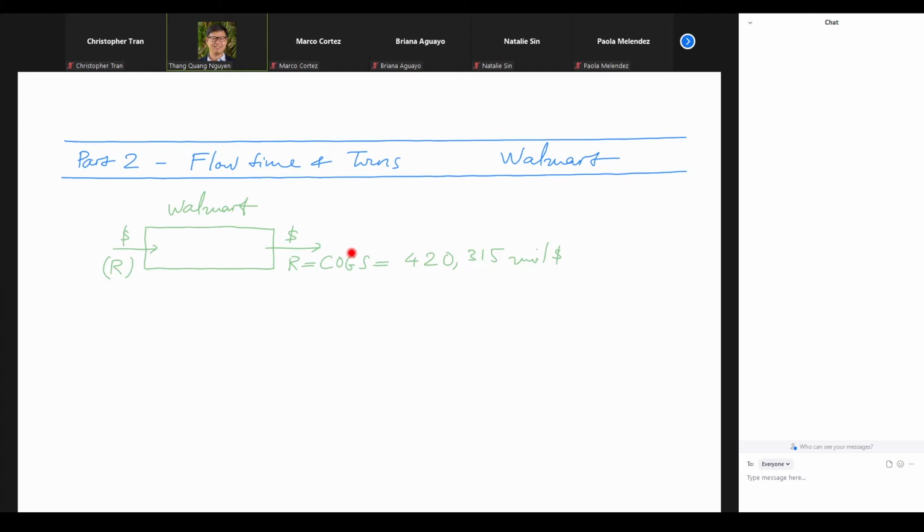But we do not consider the profit when we talk about the flow rate here. All right, the profit is for other calculation. All right, so we know the flow rate. And in the book, they also report the inventory. So the I, in this case, is $44,949 million.